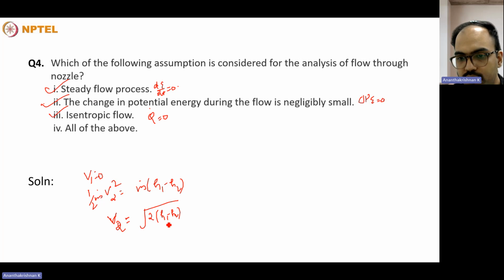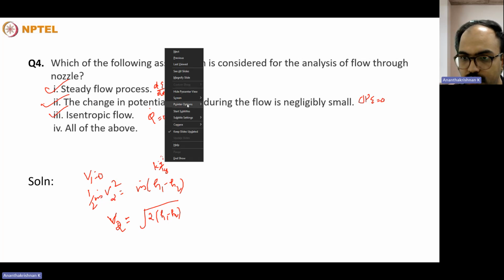The unit of this will be equal to kilojoule per kilogram. If that is the case, correspondingly, we need to change the unit of this one accordingly.